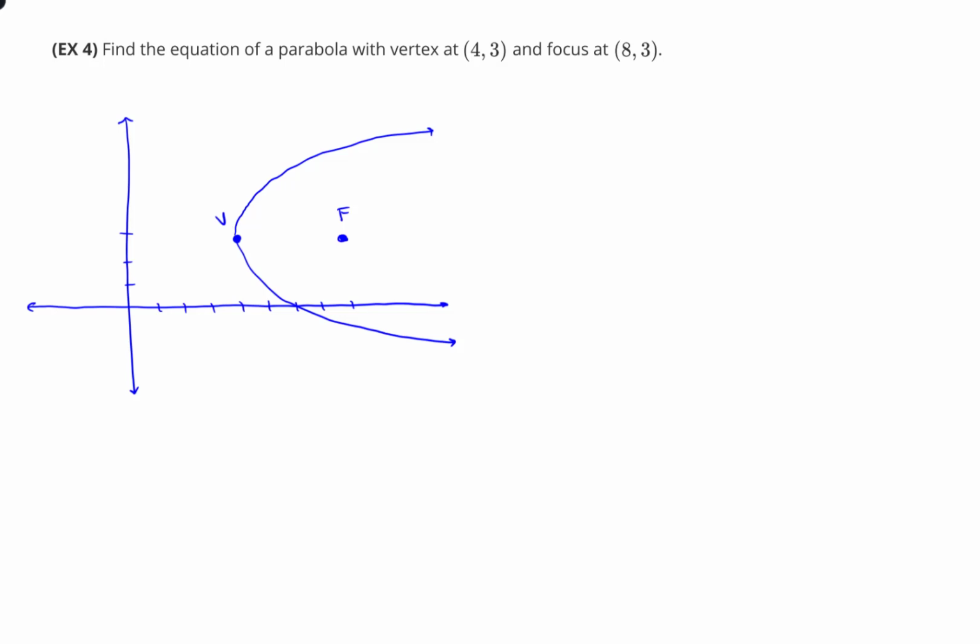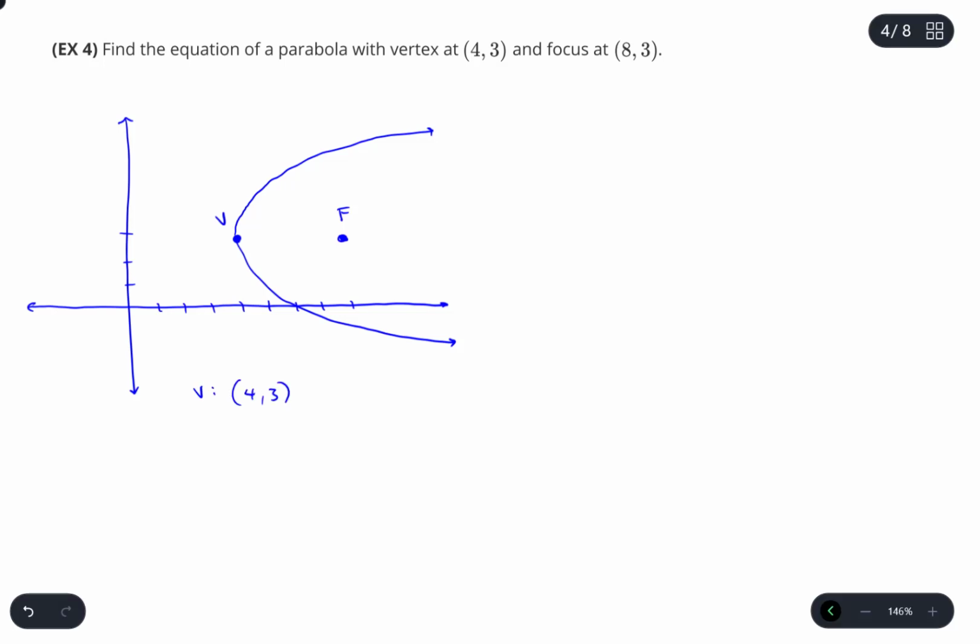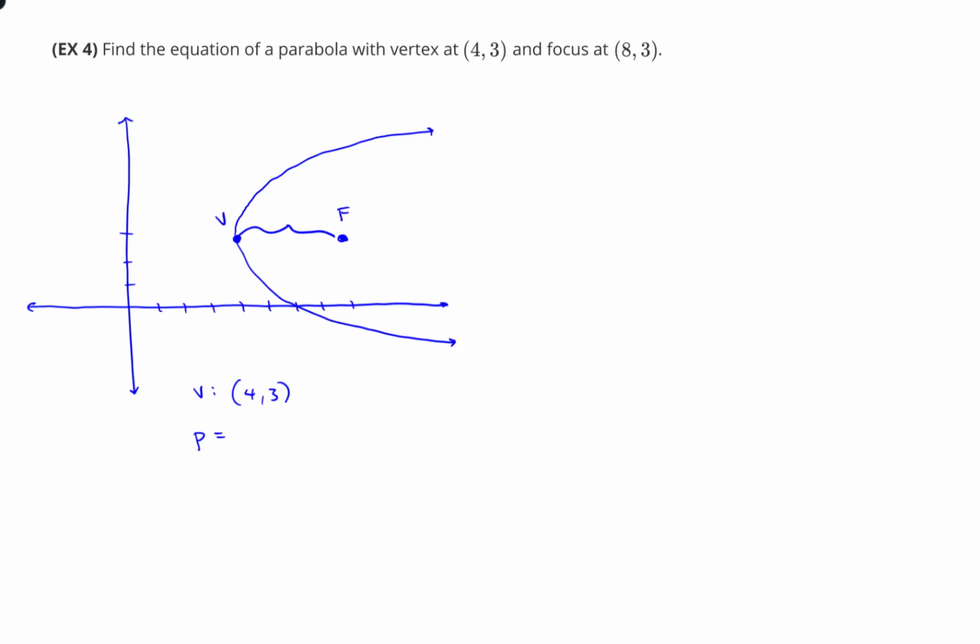That tells me first the vertex, which is h and k, is at (4, 3). So that's easy. The value of p is the distance between the vertex and the focus. In this case, p would be 4, and of course it's positive because the focus is in the positive direction, and it's opening toward the positive direction.